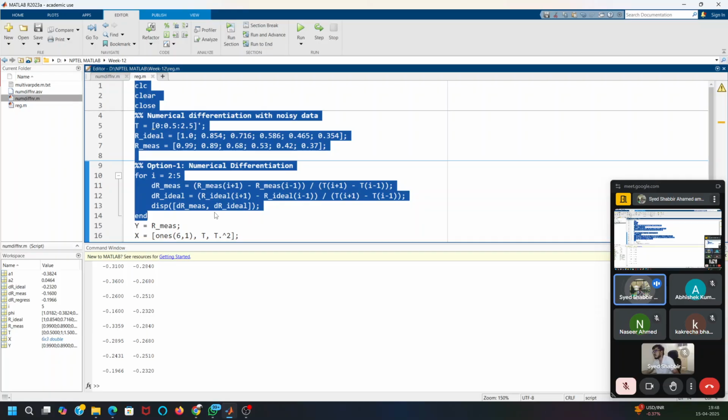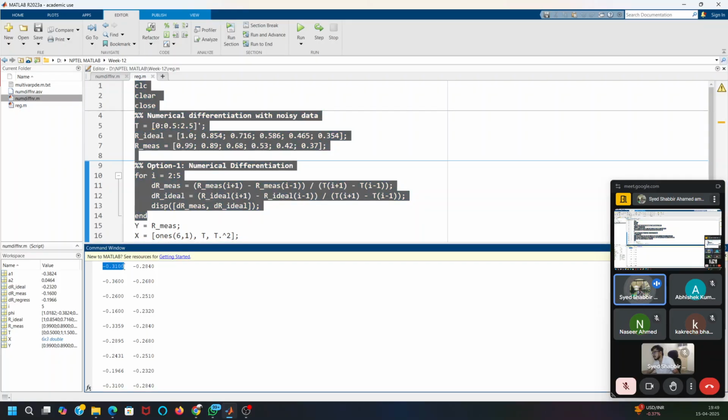We'll run up to only here. So here you can see the first value is the differentiation of the measured values, and this is the differentiation of the ideal or the theoretical values.